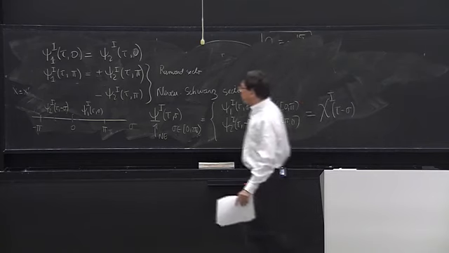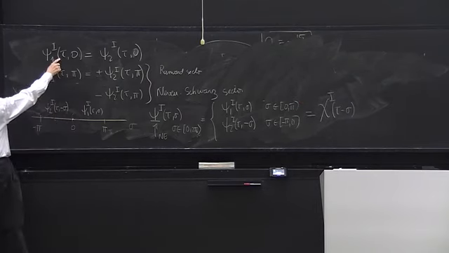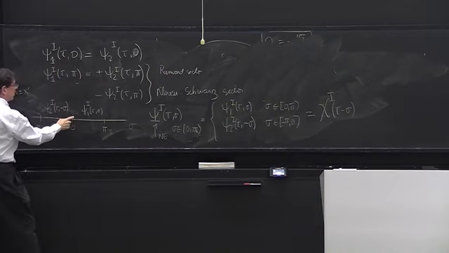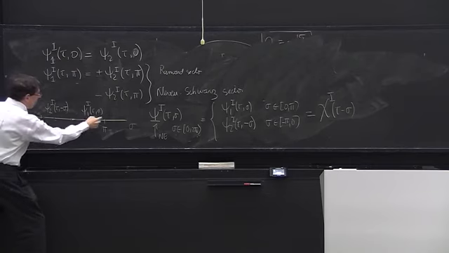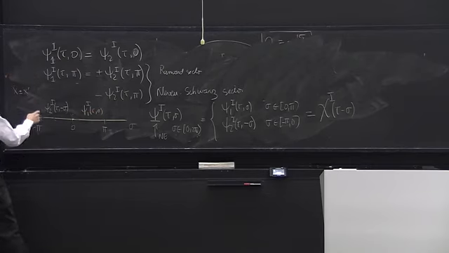Moreover, this whole field is continuous here because of this condition: psi2 at 0 and psi1 at 0 match. But psi1 at pi is going to be either minus or plus psi2 at pi.